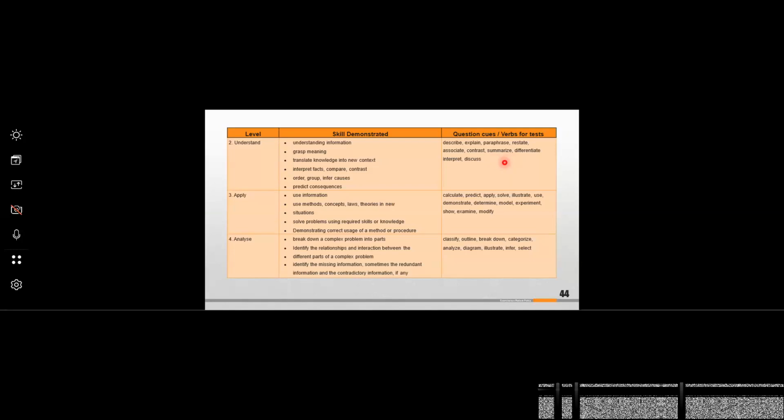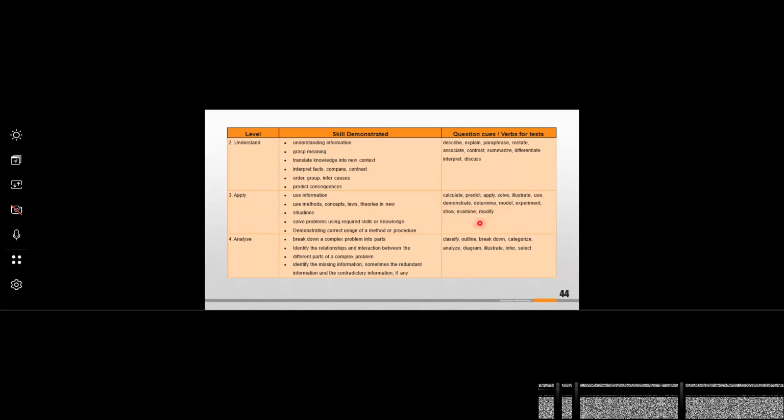When we say interpret or differentiate, the student should have the understanding level, that is level 2. Similarly, for apply, we have to solve problems using required skills or knowledge. So we can start the question with calculate, predict, apply, solve, illustrate, demonstrate, etc. So when we see the question, we will know what level of Bloom's taxonomy we are using.